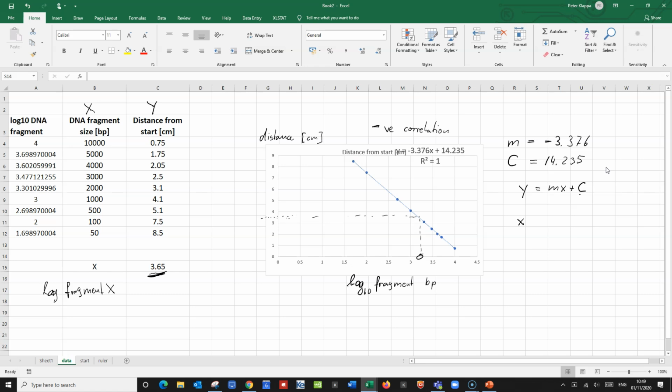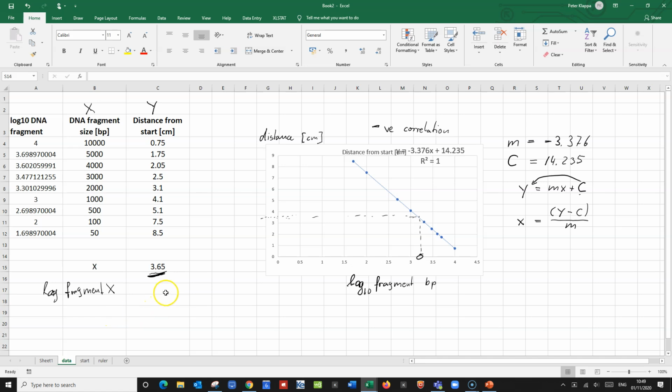So we bring the c to the other side and then we divide by m. So we would get x equals y minus the intercept divided by the gradient. And we can do that here. Let's just simply put this in.